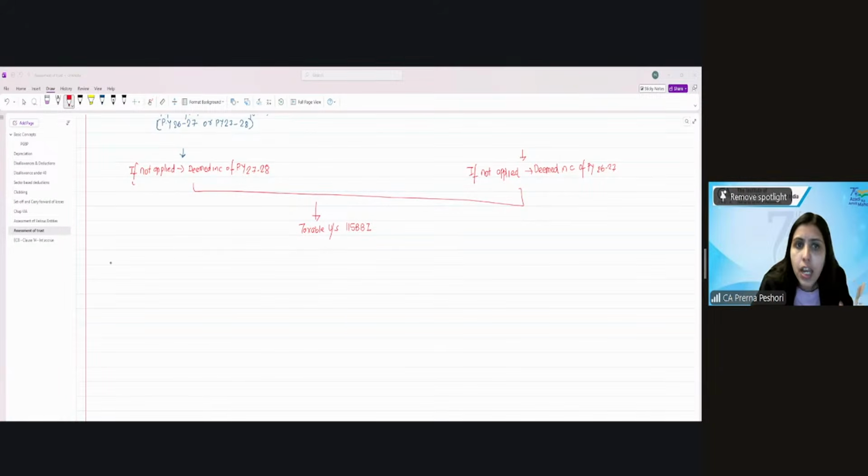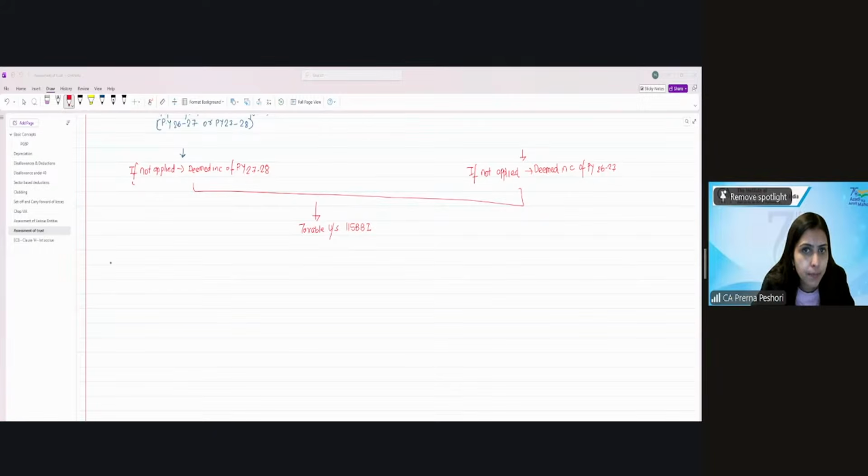So the trust may accumulate or set apart the income for future application. But the trust has to make the application in Form 10 for the accumulation of income, specifying the purpose and the period in which it will use this income.